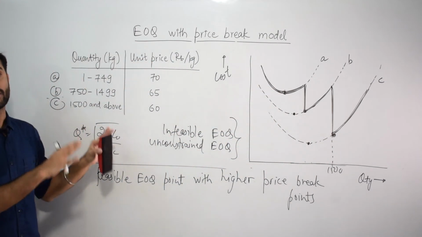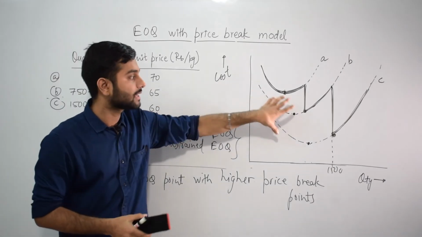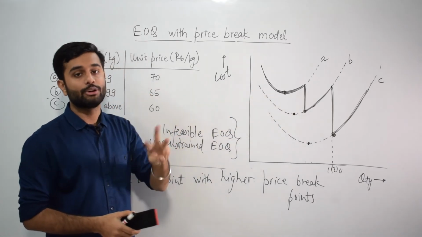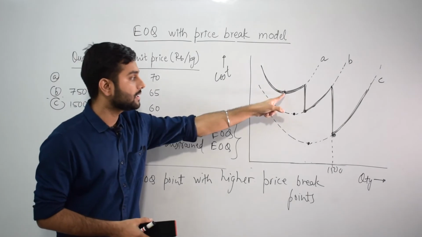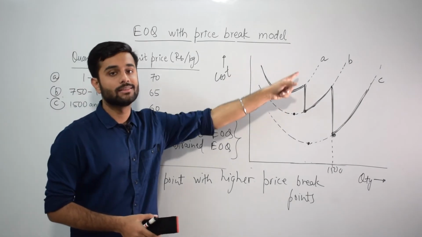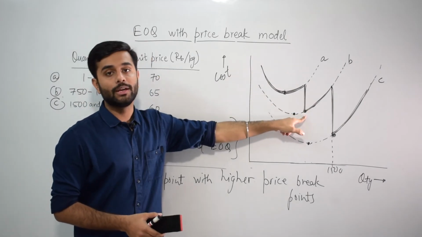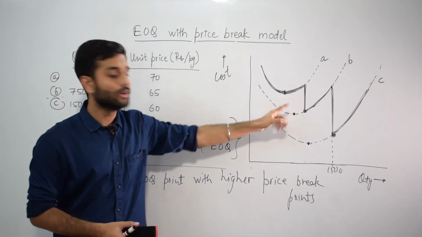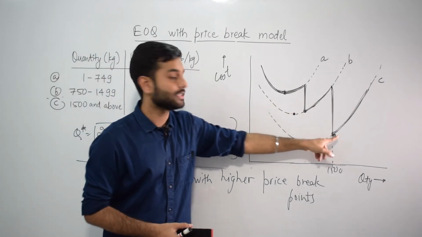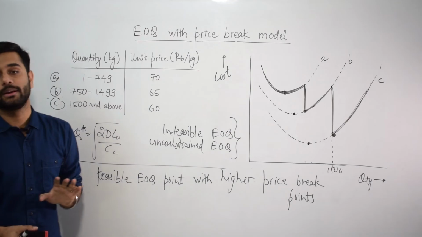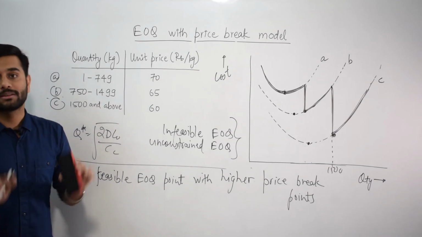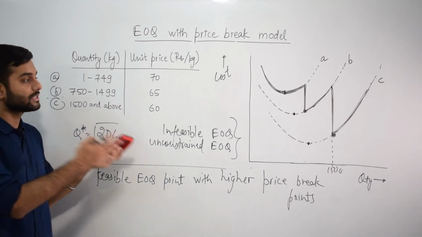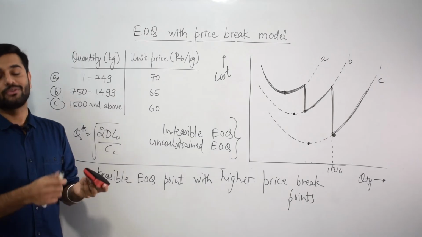So in this particular question, if this graph is correctly representing this case, then you have 3 points to compare. This EOQ for A, then this price break point for B, where B has an infeasible EOQ, then this price break point for C, where C has an infeasible EOQ. What is the best way possible? Let's solve this question and see how it will be solved.